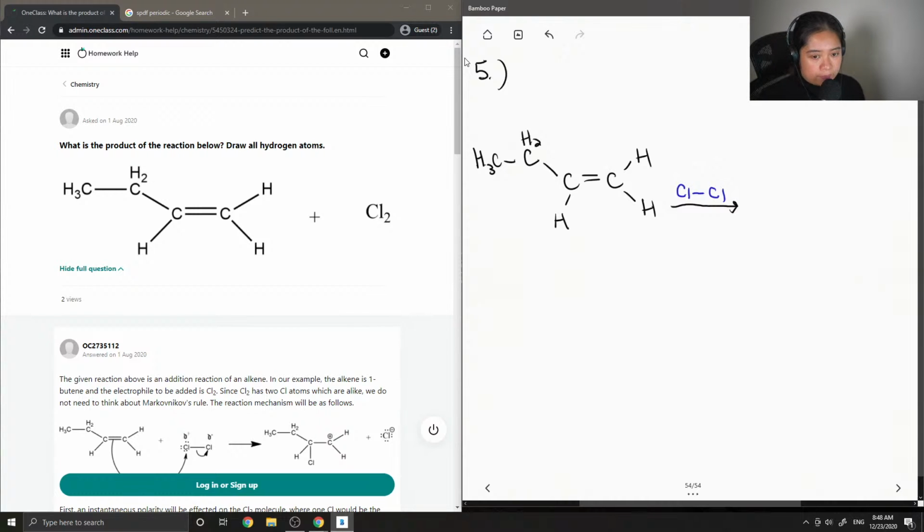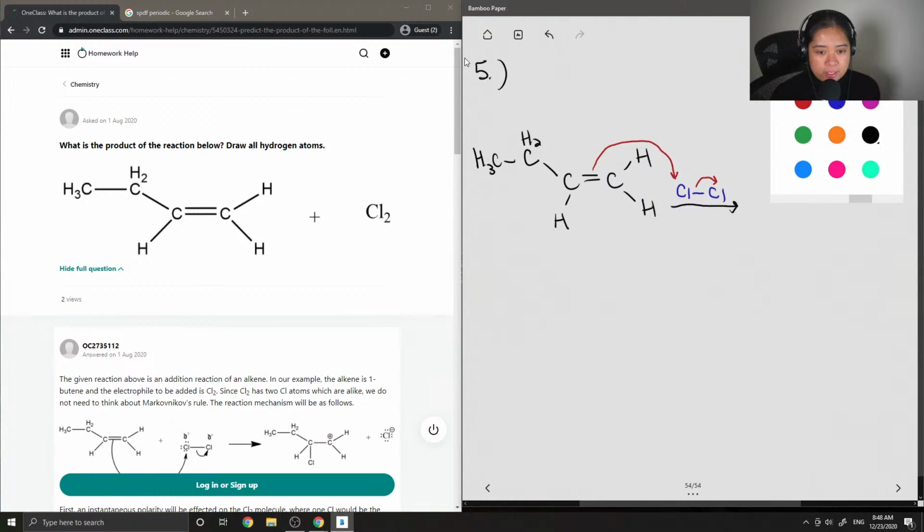Okay, so I'm going to draw out a mechanism that may occur. So this double bond will come and attack one of the chlorines, kicking off the second one.